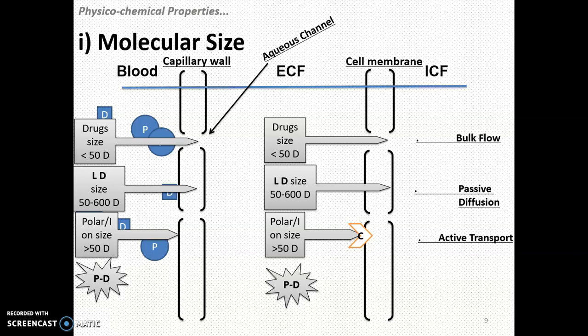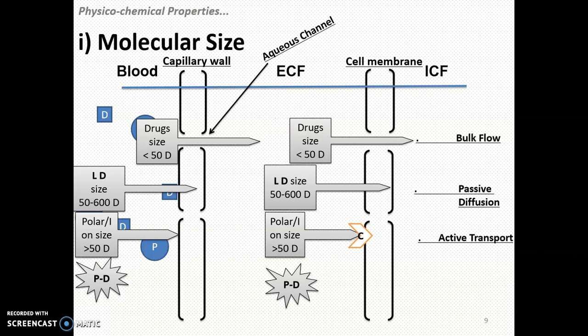Here we can see drugs with size less than 50 Daltons can pass through the aqueous channels present in the capillary wall, and similarly, drugs of the same molecular size can also cross the cell membrane and pass from extracellular fluid to intracellular fluid. That is known as the bulk flow process.